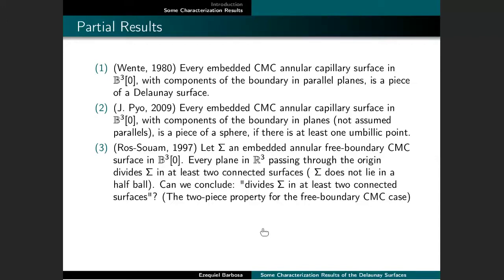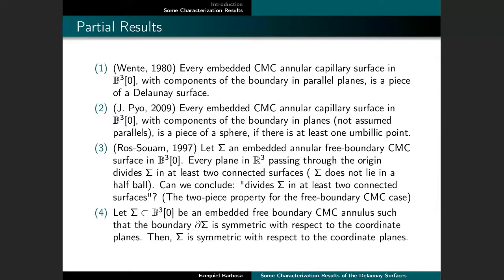And this kind of property is very interesting because you can explore this property in order to classify surfaces inside a ball, right? Actually, this kind of result was proved in the sphere and was very useful to prove classification results in the sphere. And here is the same.